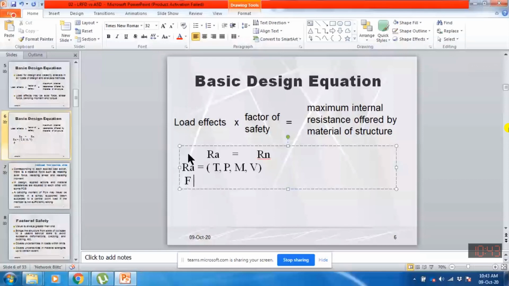Actually, this equation says that F is P over A. P over A is the applied stress, force acting per unit area, and F is the resisting stress. So resistance is always equal to applied. So this resistance I can, for example, replace with the material strength, or in other words, applied stress is being compared with the material strength.